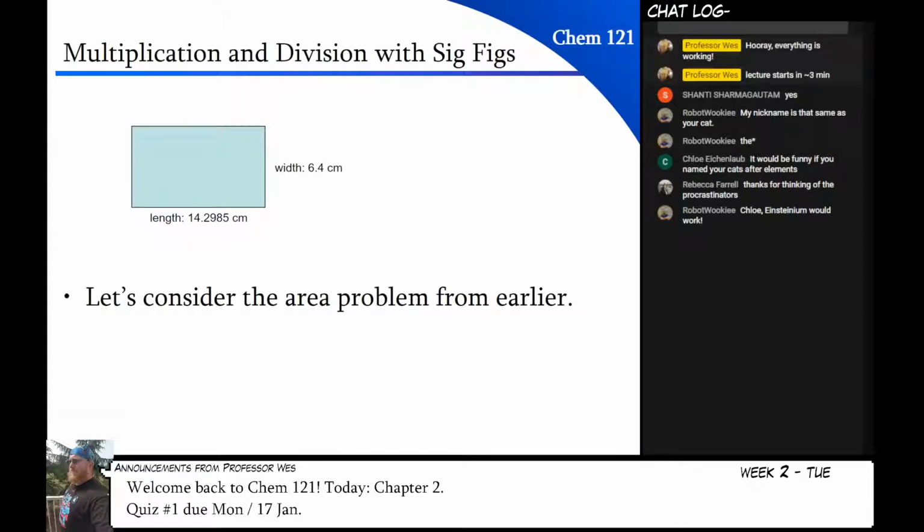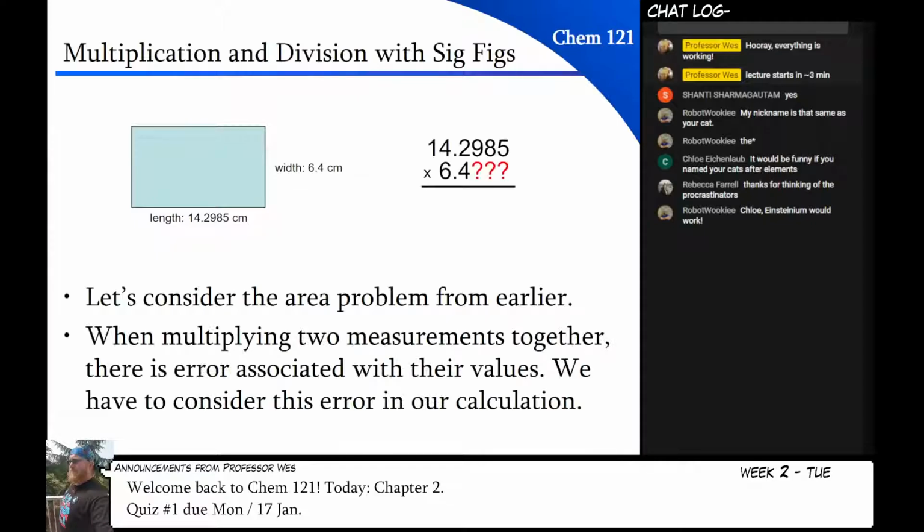Let's do some math. On the screen is a math problem that everybody can do. You just put it in your calculator, you type in those numbers, you type the X button between them to multiply them together. That is easy enough to do. Now, let's consider this if you were going to do this long ways, sort of like how we did math before. So here's our long ways setup. And what I have done is I have added in enough question marks so that I have the same number of digits for both numbers.